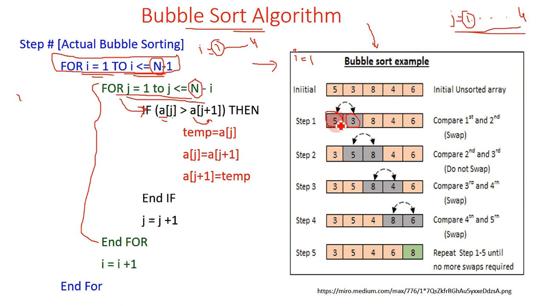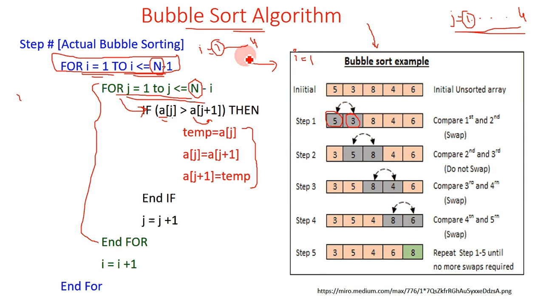If the first value is greater, then this is called a swapping operation. What is meant by swap? Swap means that you are exchanging the contents of two variables with each other. This is called swapping.